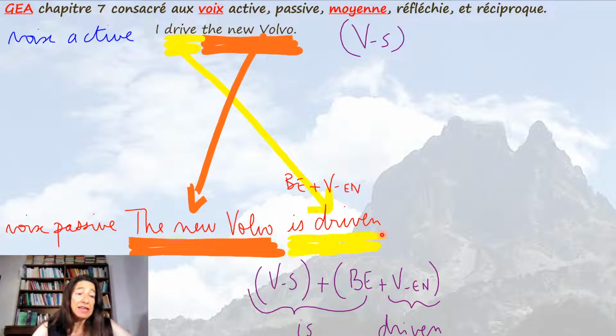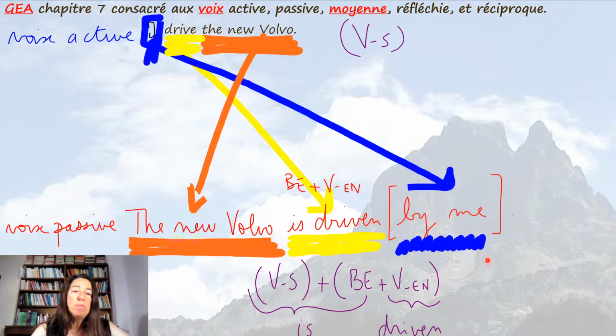And then the last thing, in the passive voice sentence, it is possible to mention the agent, le complément d'agent. It's not always done, but it is possible in some cases. So here, for instance, we can add the preposition by to introduce the agent, which would be me, the corresponding pronoun to the subject in the active voice sentence.